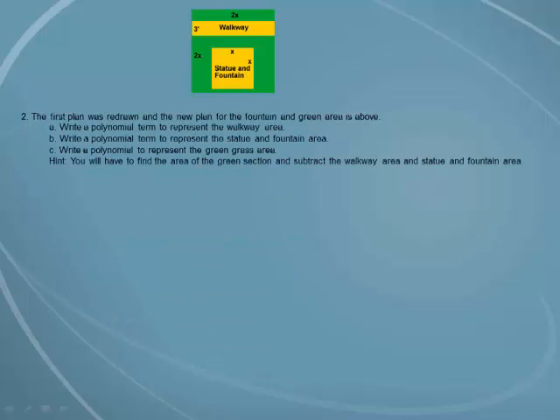Okay, now we have a new plan. We've got the polynomial for the walkway, which is 3 times 2x, which will give you 6x. We have the polynomial for the statue in the fountain, which is x times x, which will give us x squared. We still don't have this value right here, so I'm going to call that y again.